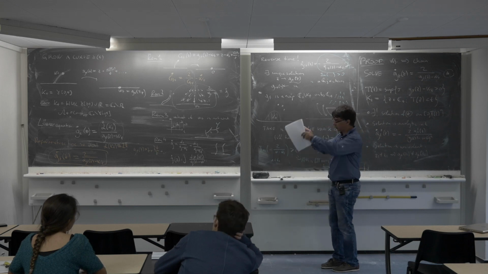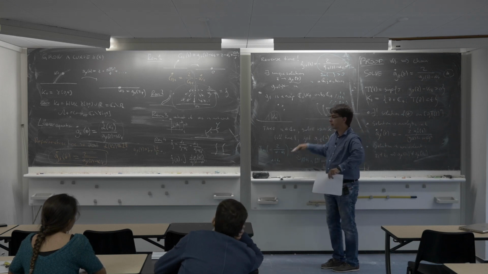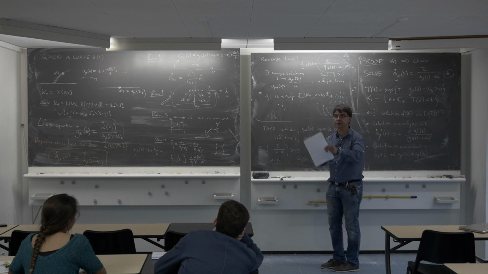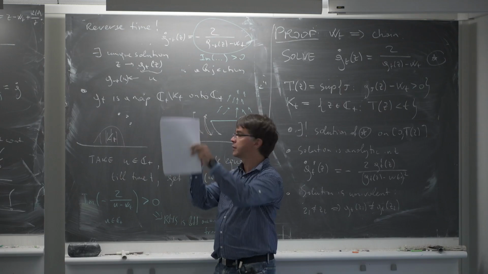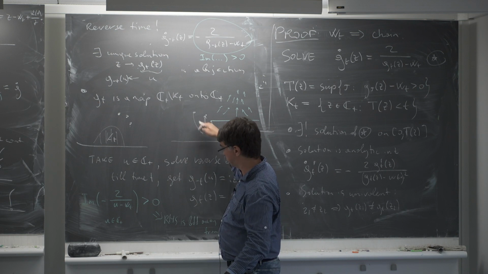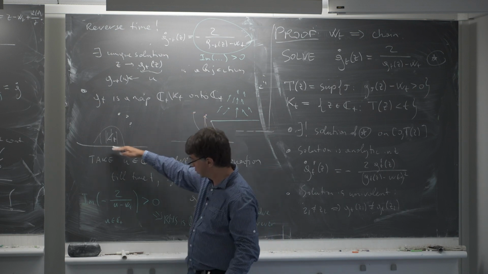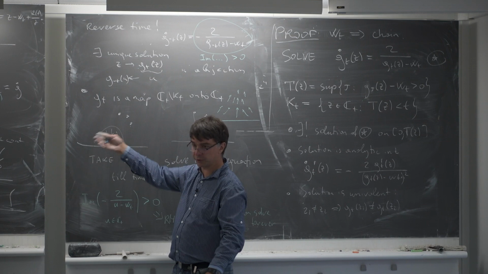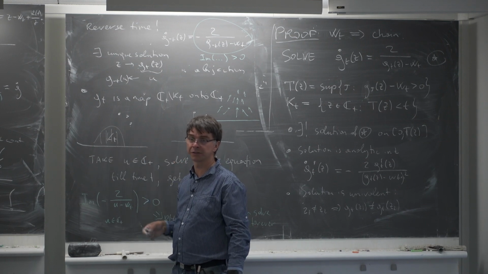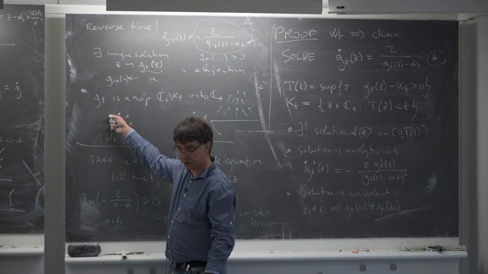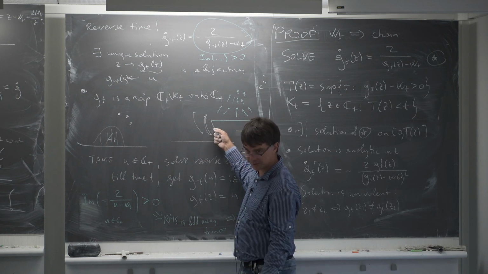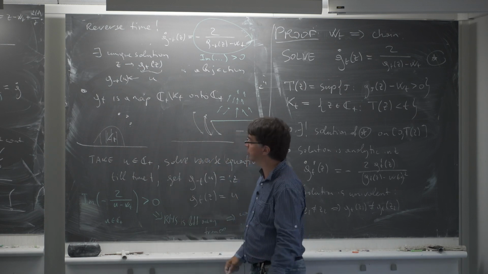When you solve in forward time, you have these compact sets which collapse. If you solve in reverse time, you have these compact sets which grow out of the plane. So if you solve in reverse time, every point has a trajectory, but a new set appears on which there are points which have no past. Here some points don't have a future, there some points don't have a past. So it's the other way around.